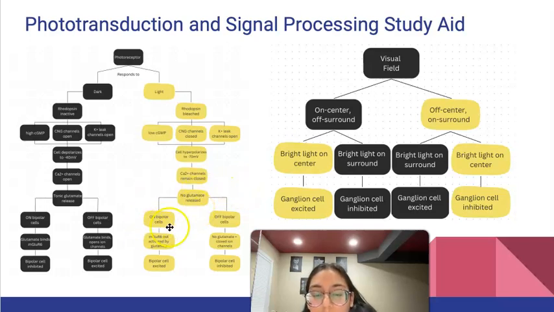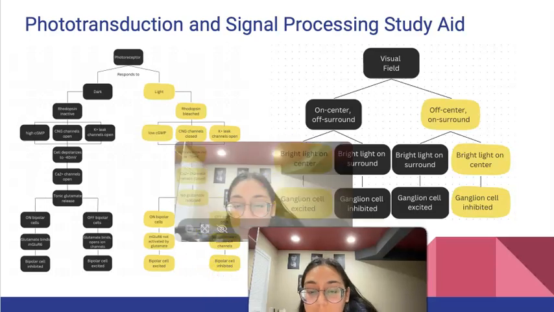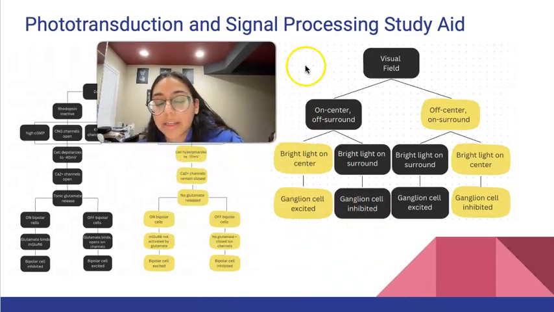If we're talking about an on-bipolar cell, mGlu-R6 is not activated by the glutamate and the bipolar cell is excited. But if we're talking about an off-bipolar cell, no glutamate is released, so the ion channels remain closed and the bipolar cell is inhibited.